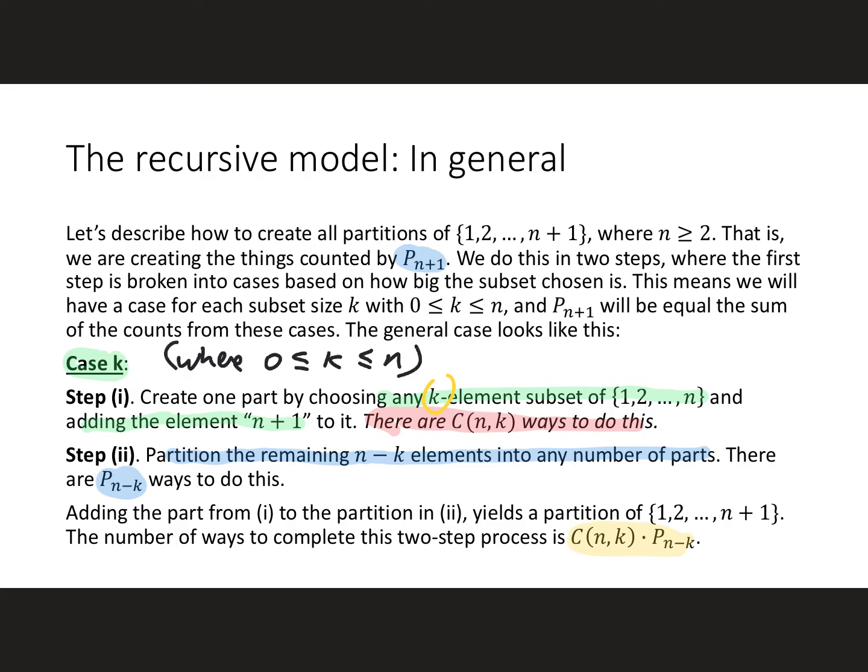So you would have a case like this for any value of k between 0 and n, and so that's why in the end our answer is going to be the sum for all those possible values of k, so k going from 0 to n, and the answer for that case is n choose k times p sub n minus k. So the recurrence says that this expression should be equal to p sub n plus 1. And that's the recurrence relation.